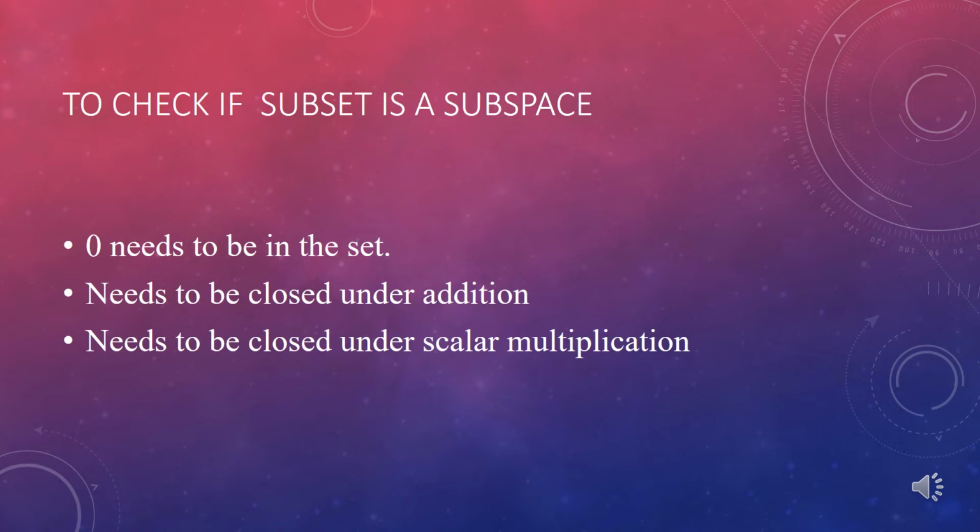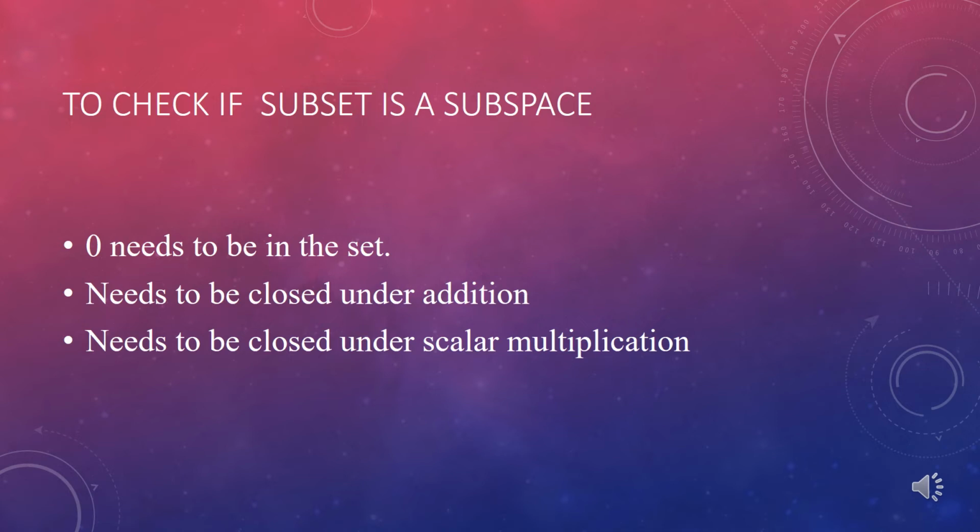Meaning if you just take part of your original vector space, but as long as the part you took stays closed under addition and closed under scalar multiplication, then it's a subspace. So when you add two things, the result has to also be in the subset. When you multiply by a scalar, the result has to stay in the subset, and 0 needs to be in the subset.